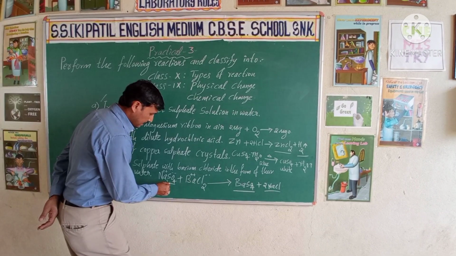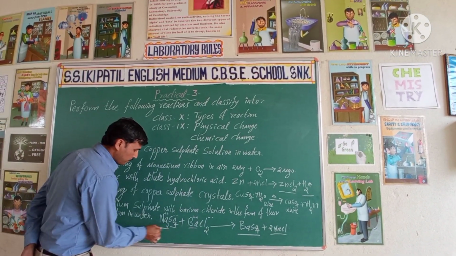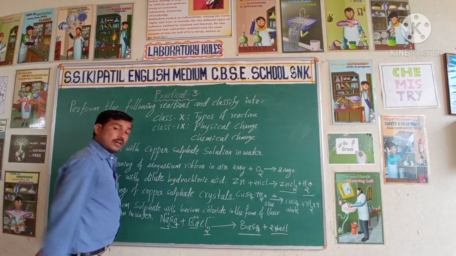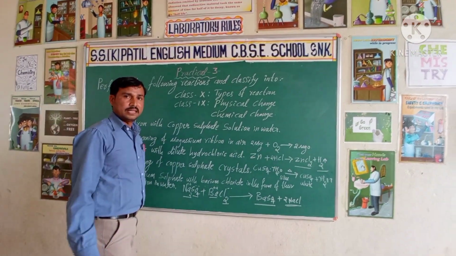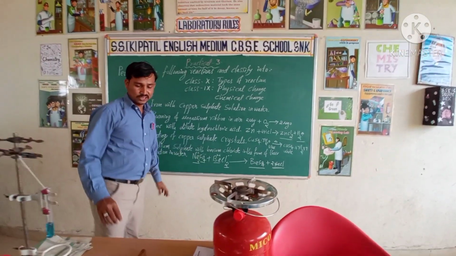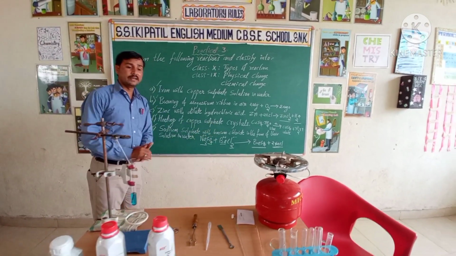The sulphate mixes with barium to give barium sulphate, and sodium reacts with the chloride to give sodium chloride salt. This is the reaction that takes place when sodium sulphate reacts with barium chloride.